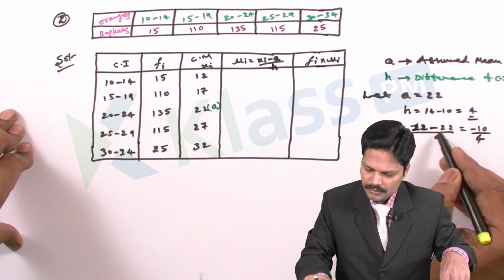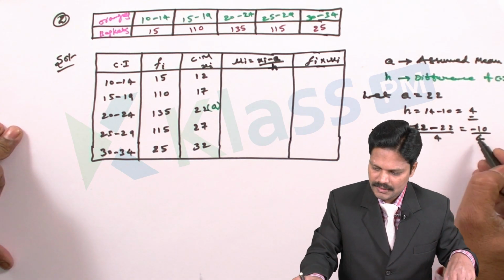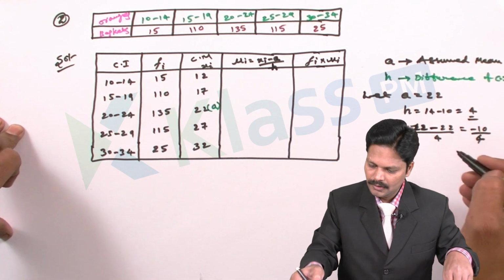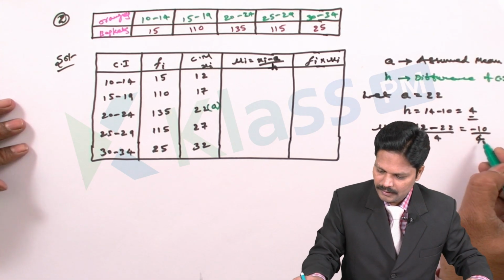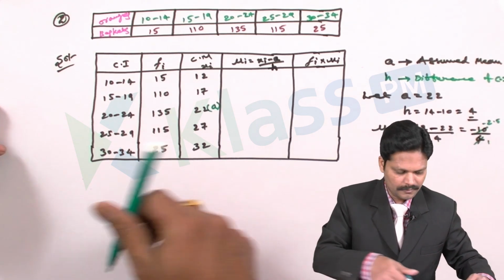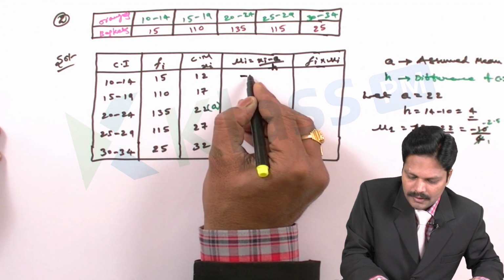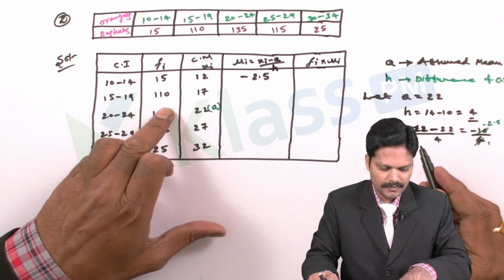We are having 12 minus 22, which is only minus 10. Minus 10 we are dividing by 4, which is minus 2.5. So we need to write the value here as minus 2.5.